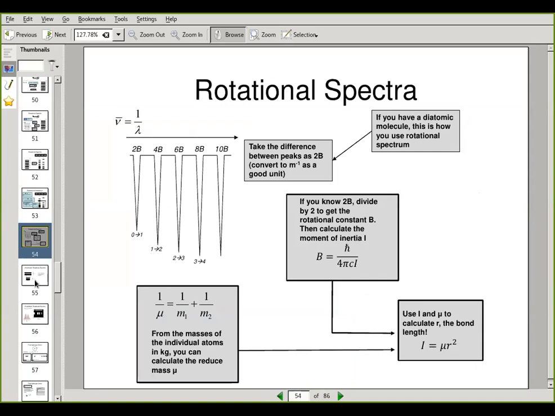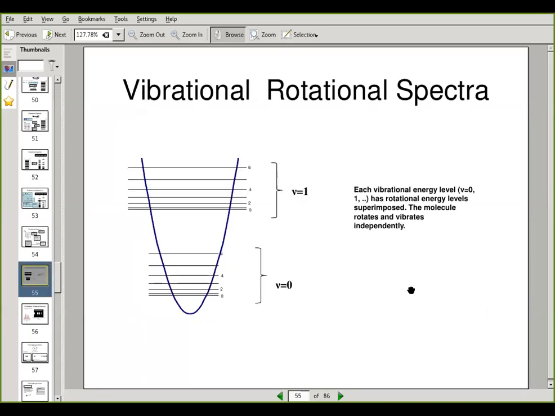Right, so the more complex spectra that I want to look at are when you've got vibrational and rotational levels overlaid with each other. Now, this is going to take a little bit of explaining, so just please be patient. Firstly, this potential well, you'll notice, is the harmonic potential well.